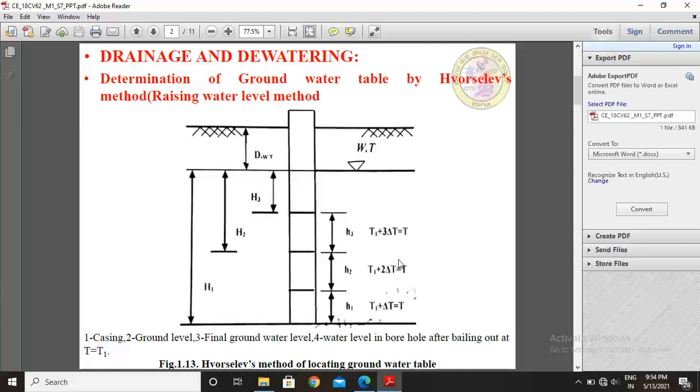It consists of a Norton porous tube attached to a plastic tube. So here this figure is explained in detail.